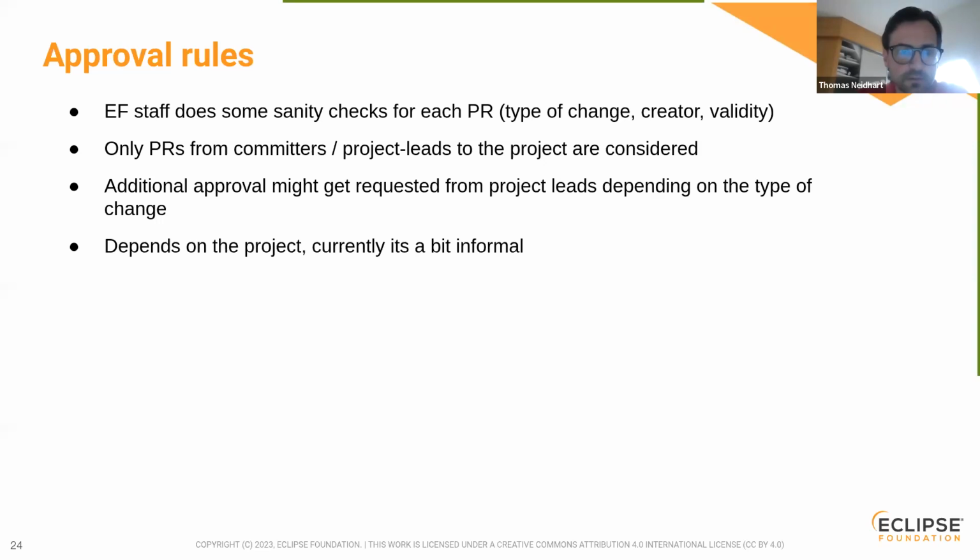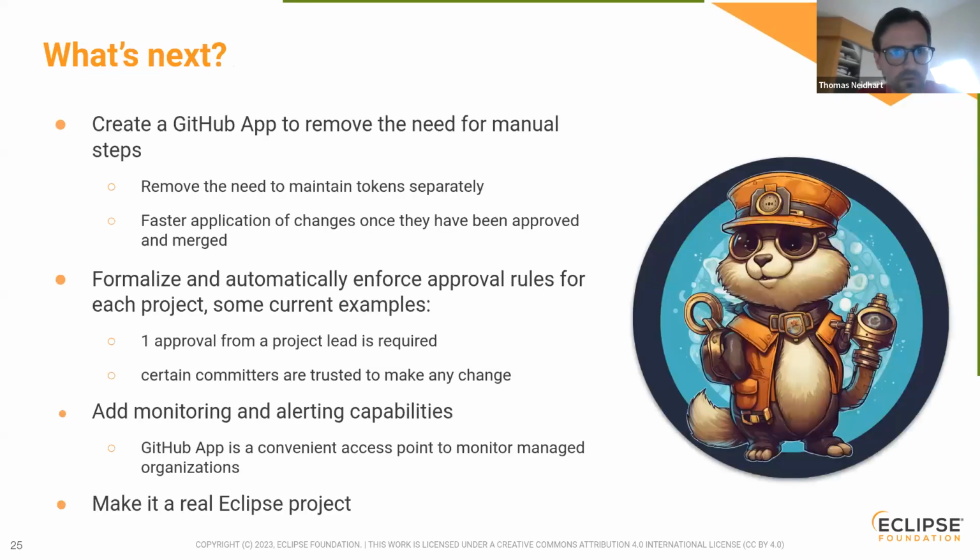So we would like to make this formalized, and then hopefully the tool will also automatically take these approval rules into account. But that's future, that's not for now. For now, we take a look at every PR and then decide based on the nature of the PR how to proceed. Yeah, so that's the status.